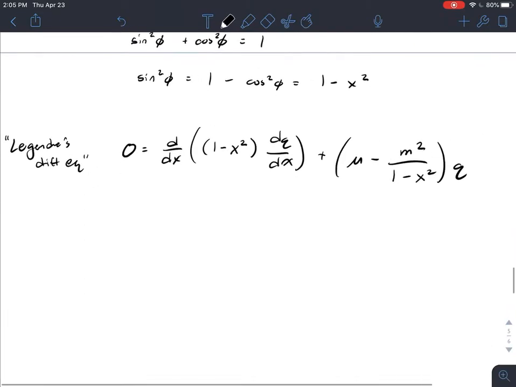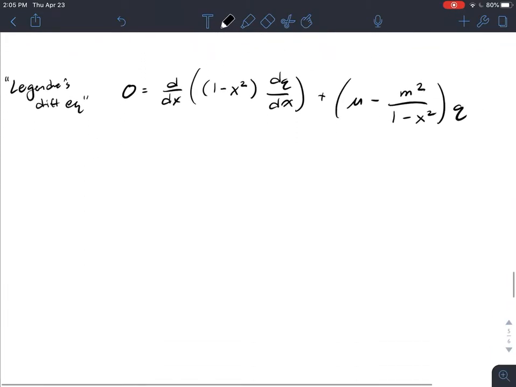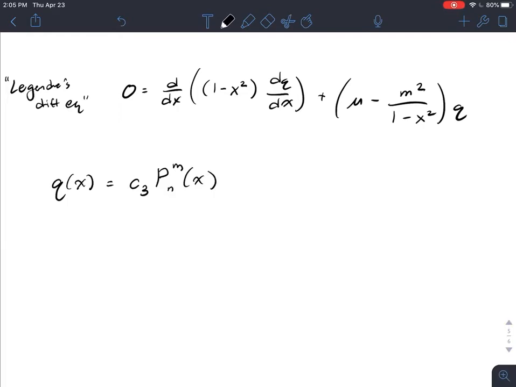Okay. So why I call this Legendre's diffy q is because the solutions to Legendre's diffy q are a linear combination of P and Q. So the solution to this diffy q can be written as a linear combination of these two solutions: C3 P n m of x plus C4 big Q n m of x.